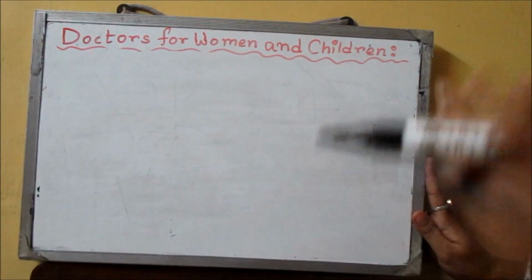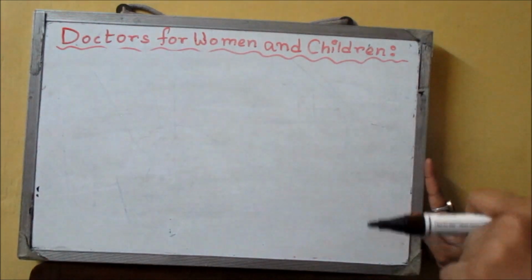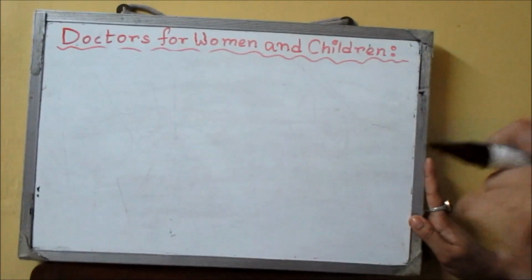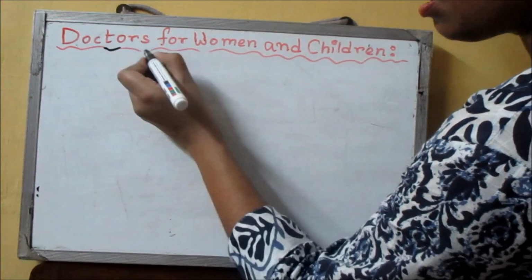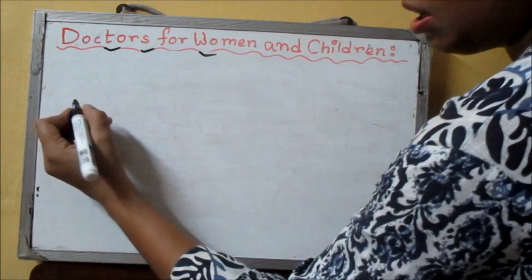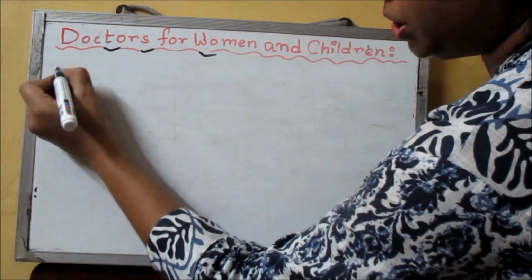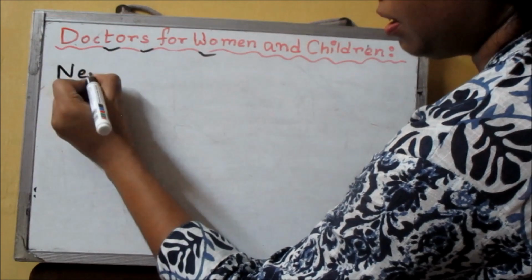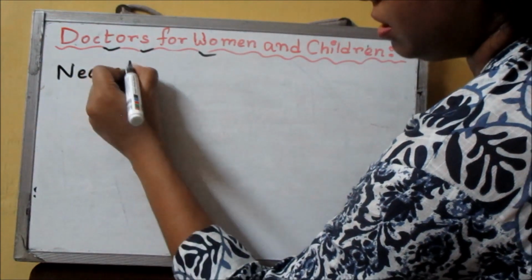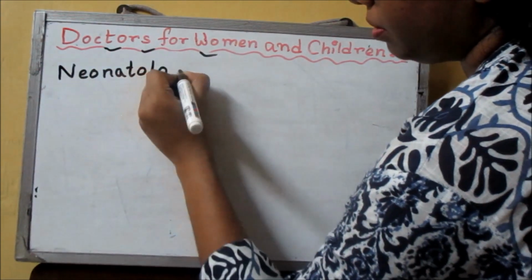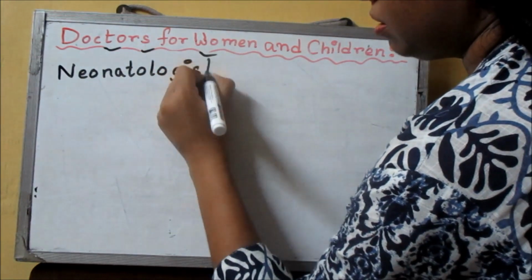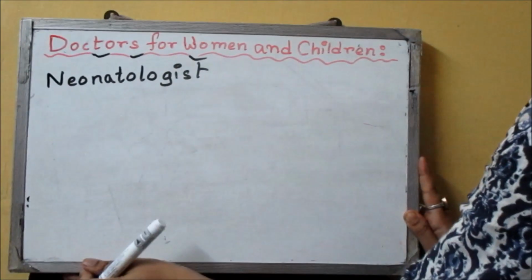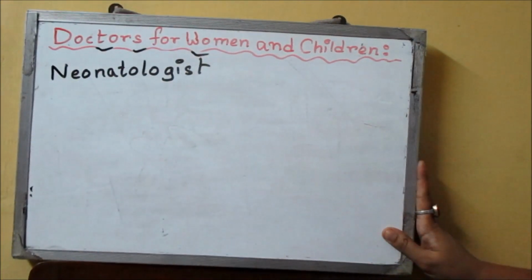The common term for the doctors for children is a pediatrician. But before pediatrician, we will talk about a neonatologist. Now, what is a neonatologist?